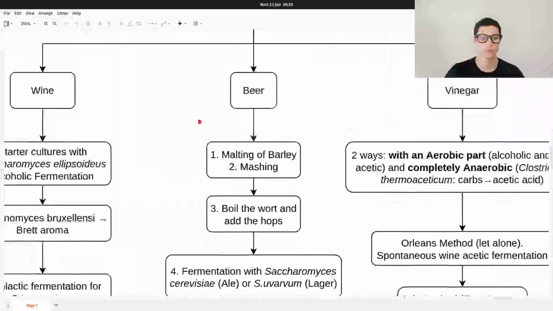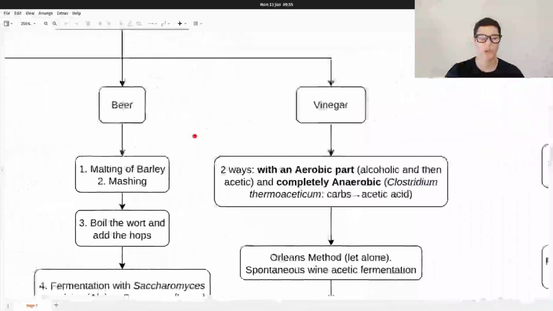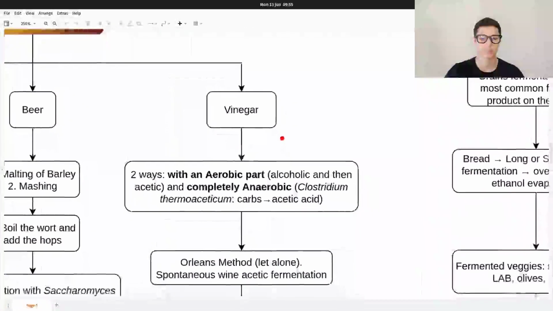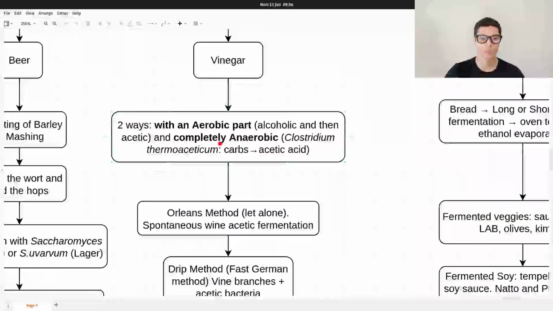So for example, with Saccharomyces ellipsoideus we get the wine, and from the wine it can undergo the acetic fermentation and create vinegar. And the completely anaerobic fermentation to create the vinegar is done by the Clostridium thermoaceticum, which converts the carbs present in the wine, for example, directly to acetic acid.